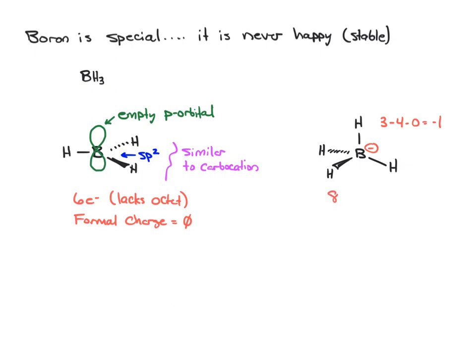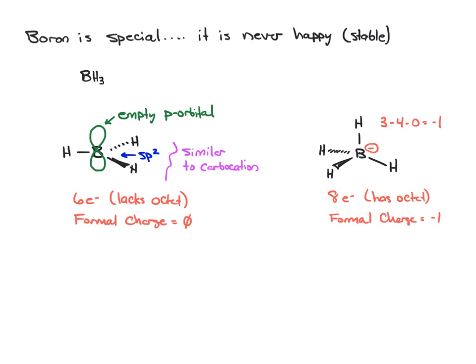So the good is that it has 8 electrons, it has an octet. The bad is it now has a formal charge. So it really can never be happy. It's either 0 charged and lacks an octet, or it has an octet and carries a formal charge. So that's what makes it have sort of a special reactivity.